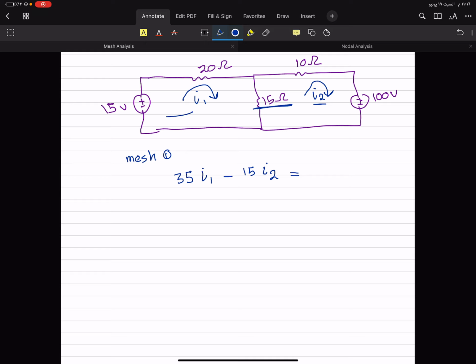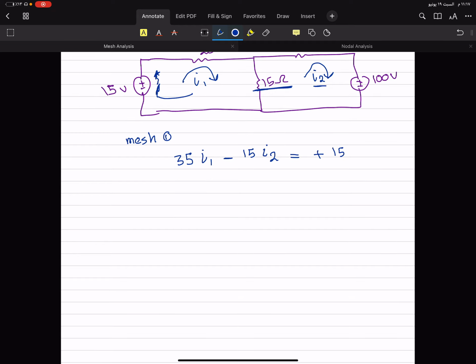The loop here enters the negative and leaves from the positive. In the shortcut method, you will put the sign of the leaving one, not the entering one, okay? So it's the opposite. So it will be plus 15. You see how fast it is? Now mesh 2. I missed the E here.